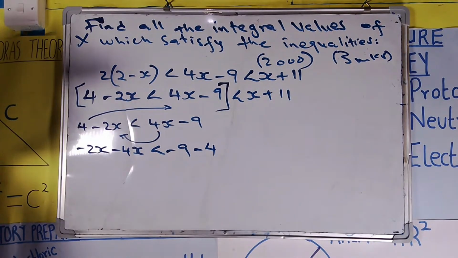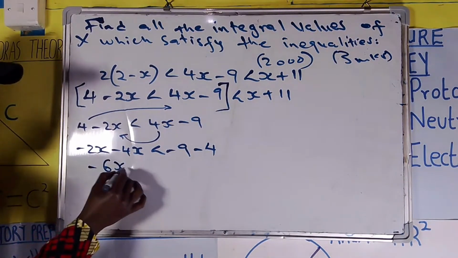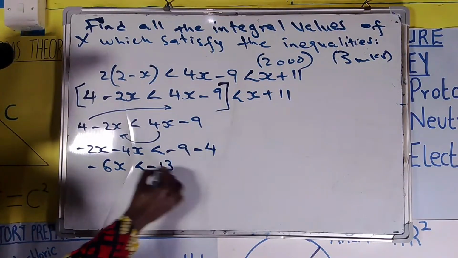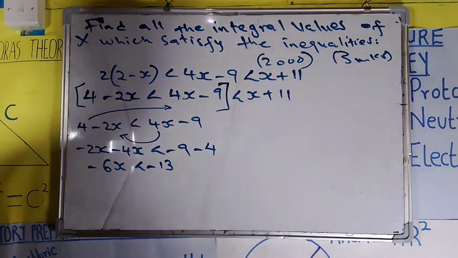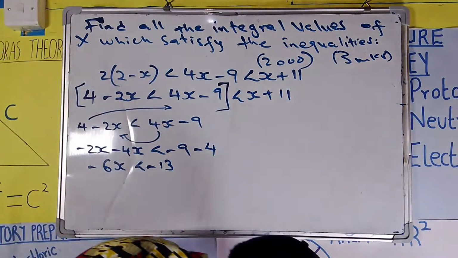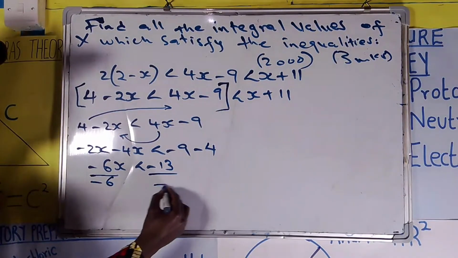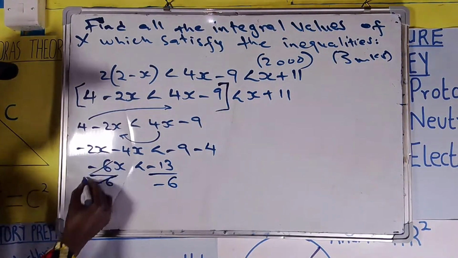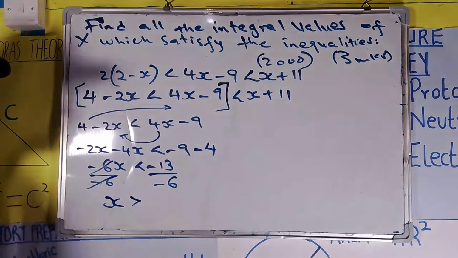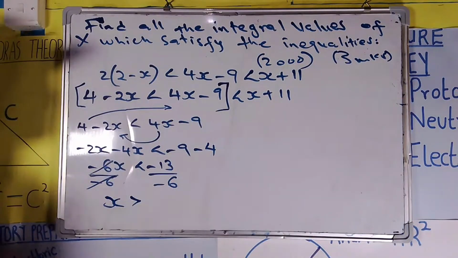So hii itakuwa minus 6x is less than minus 9 minus 4 is minus 13. Ikikuwa hivyo, tutafanya divide both sides by negative 6. Remember every time we divide by a negative coefficient ili tubaki na x, sign huwa inabadilika inakuwa greater than. So sign yetu itakuwa greater than 13 over 6.